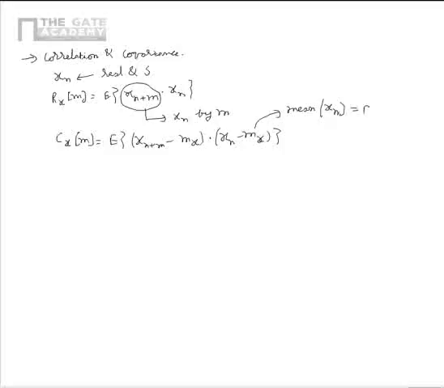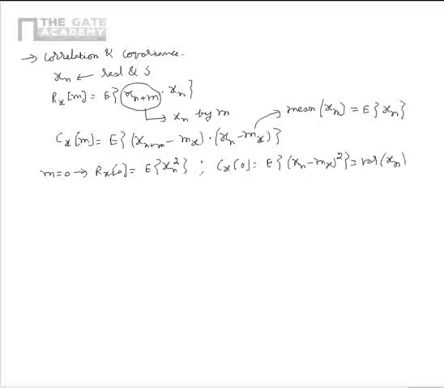Also, please note that if m is equal to 0, Rx(0) is equal to the expectation of x(n) square, and Cx(0) is equal to the expectation of x(n) minus mx whole square, which can be written as the variance of x(n).